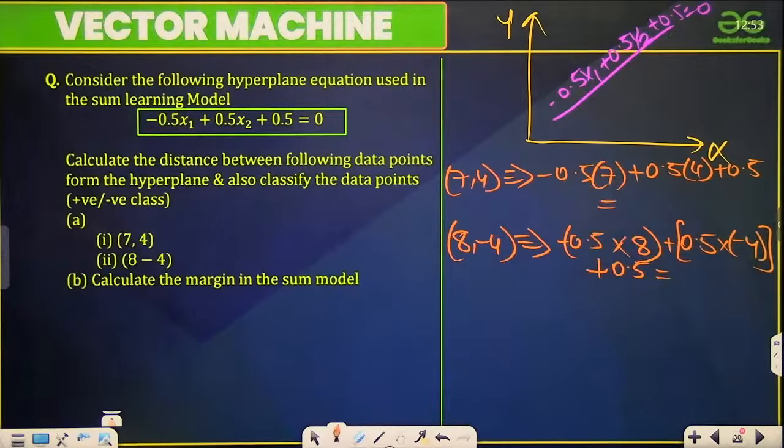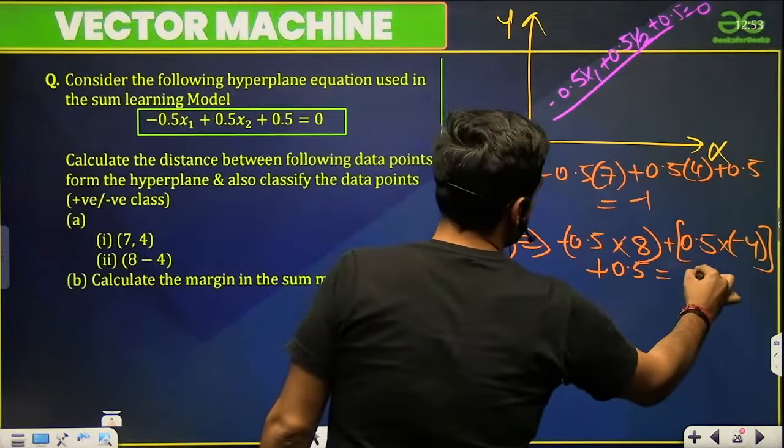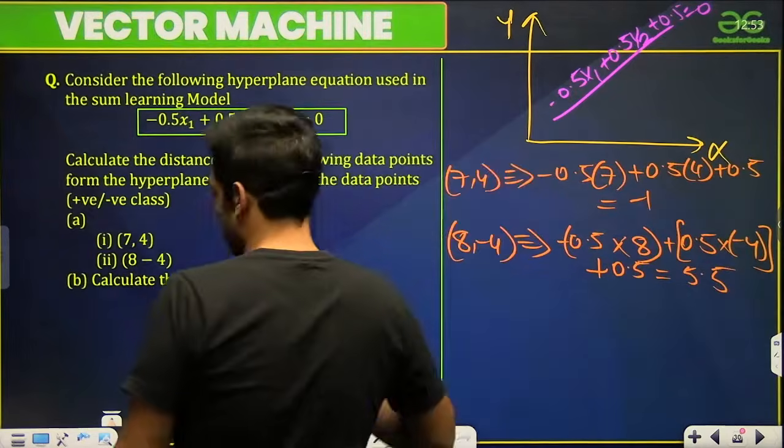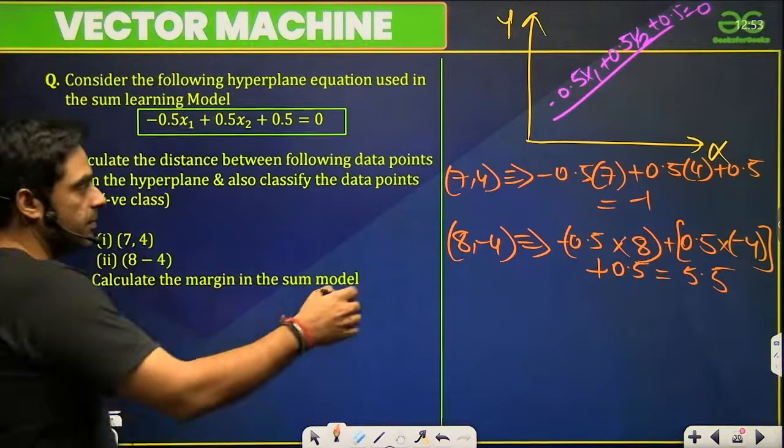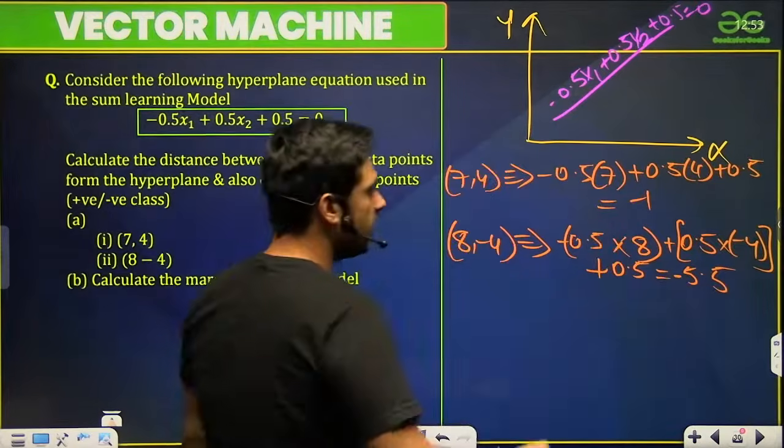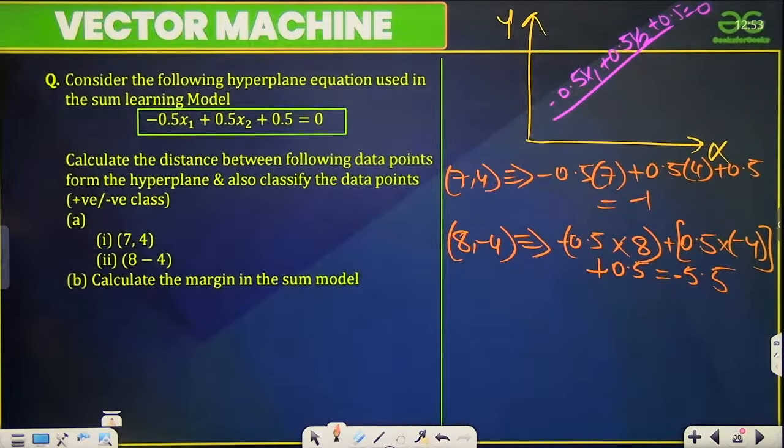So for 7 comma 4 we would be getting negative 1, and for the other point we'd be getting negative of 5.5. Negative 1 and negative of 5.5.